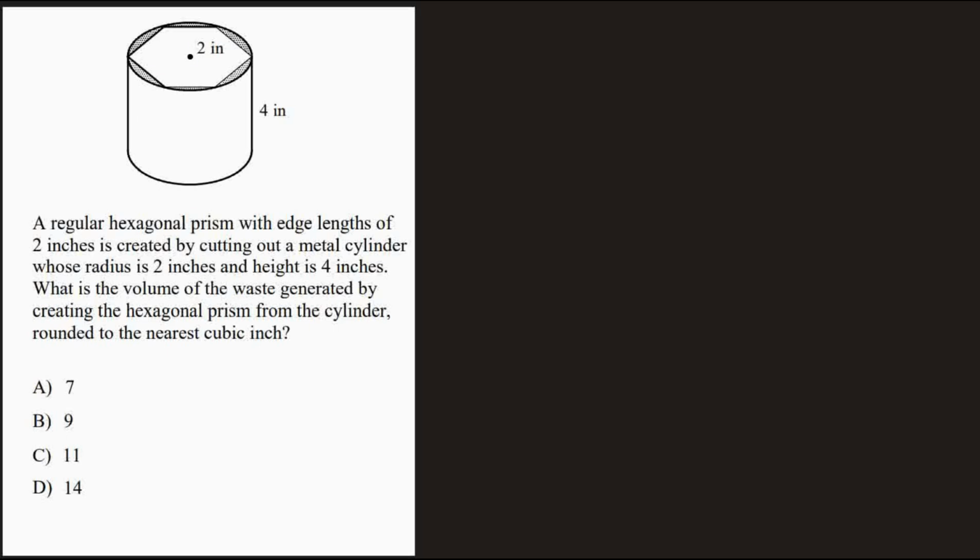Well, to solve this question, we see that it is a regular hexagonal prism, it means that all sides are equal, like this. If I make it bigger here, why don't I just use the same line here? So it's the same size.